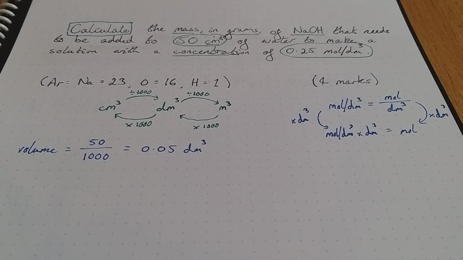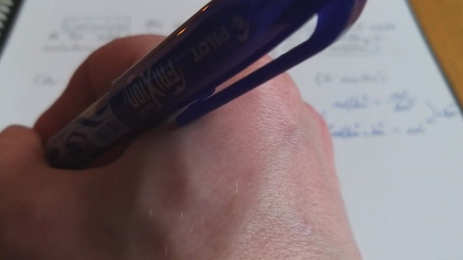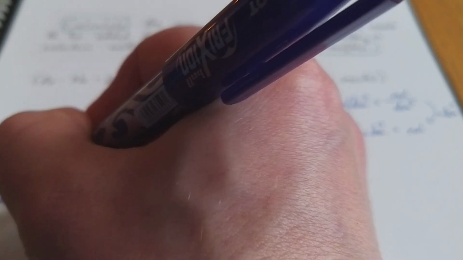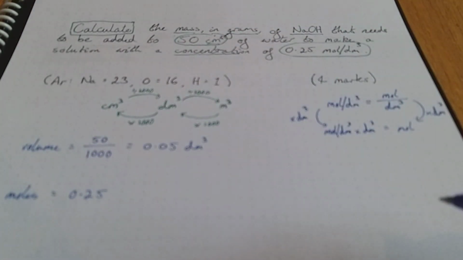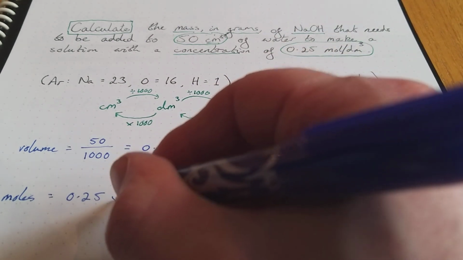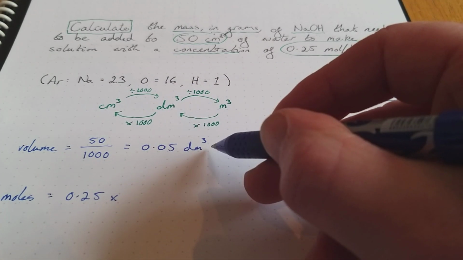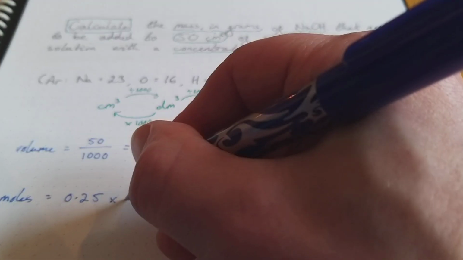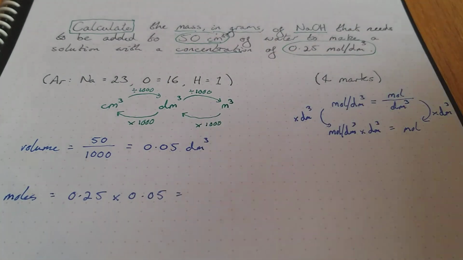So let's apply that to our equation here. So the number of moles will equal the concentration, which is 0.25, multiplied by the volume, but notice the volume here is dm cubed, so we need to use the converted volume here, multiplied by 0.05 dm cubed.